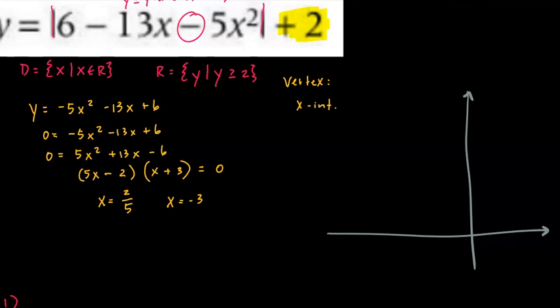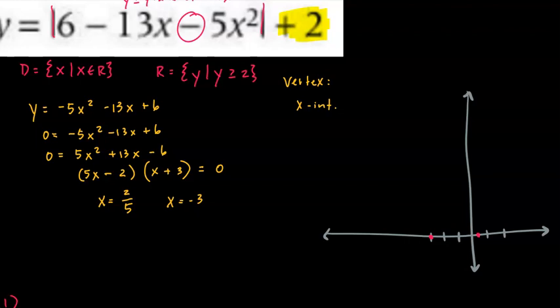That, and let's see, 1, 2, 3, and 1, 2. So it's going to be -3 and 2/5. We're right there.